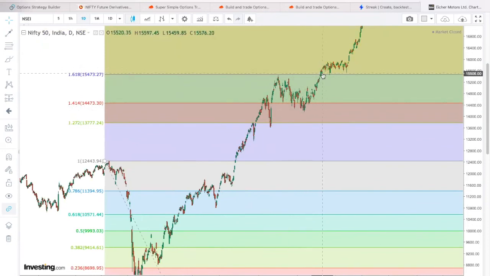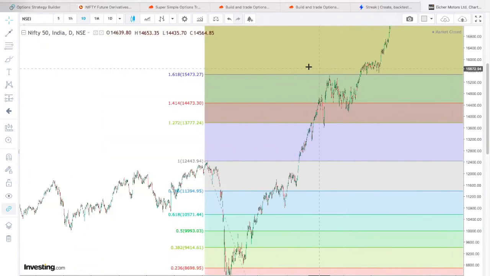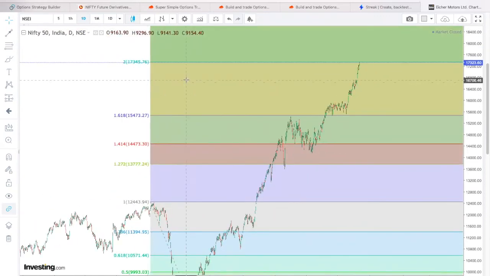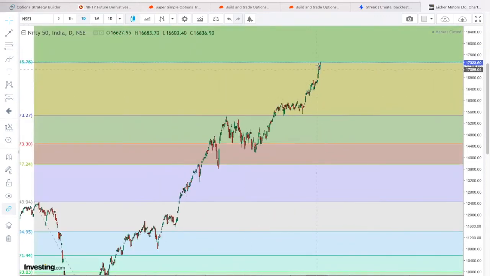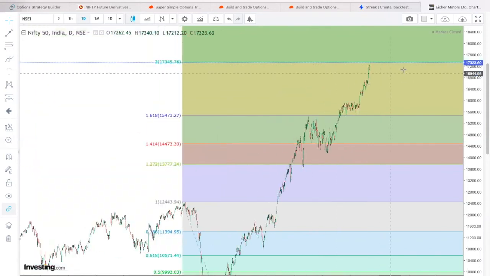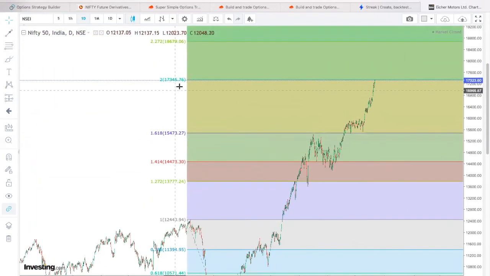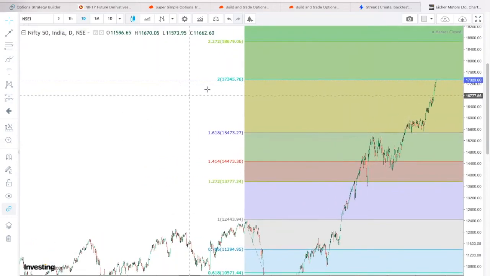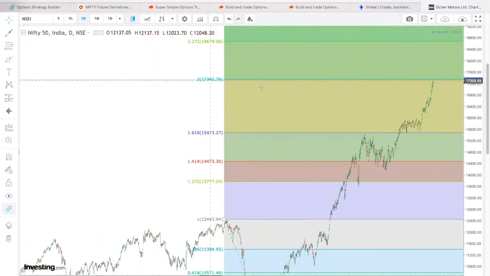After bouncing, very strong consolidation. Can you see sideways, sideways, sideways, sideways for 2 months? And if the sideways happens so much, definitely a rocket speed up move will happen. The rocket speed up move already happened, and our target also got hit. Almost our target got hit.